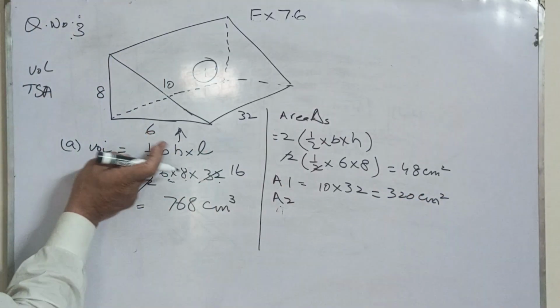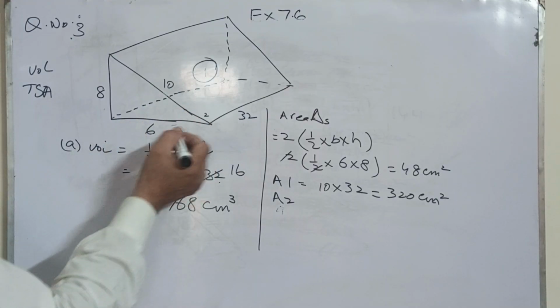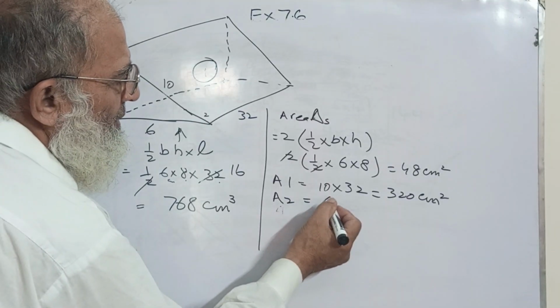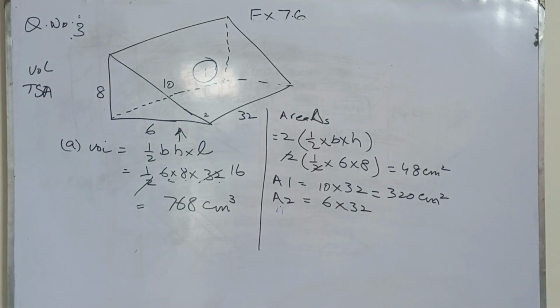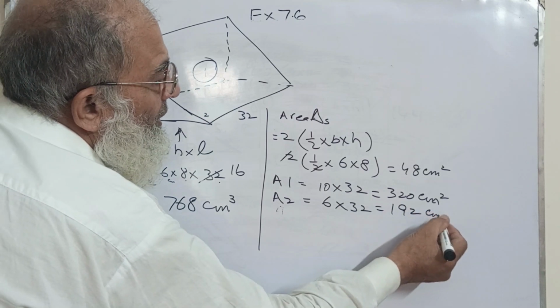A2, which is at the bottom. 32 multiplied by 6, 6 multiplied by 32, is equal to 192 centimeters square.